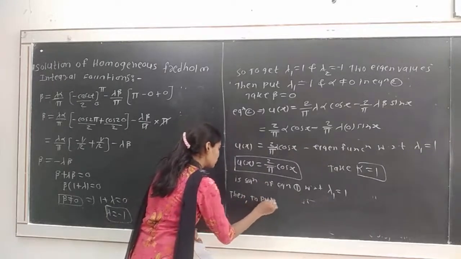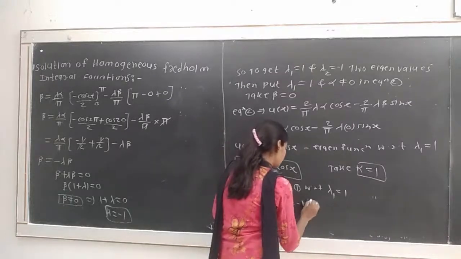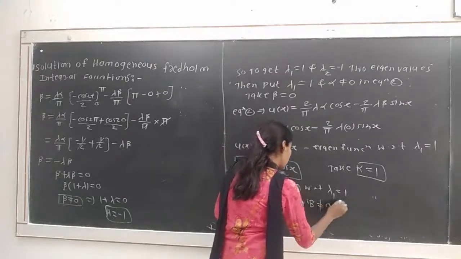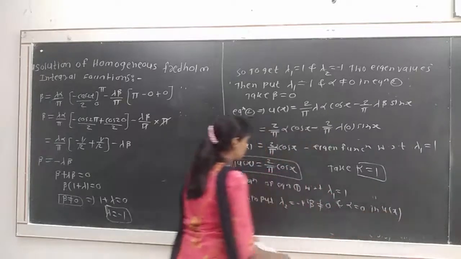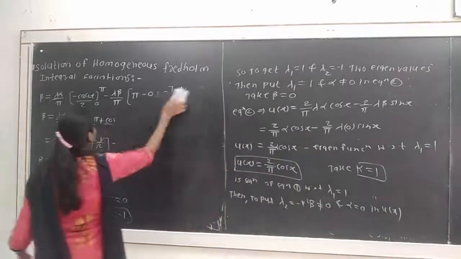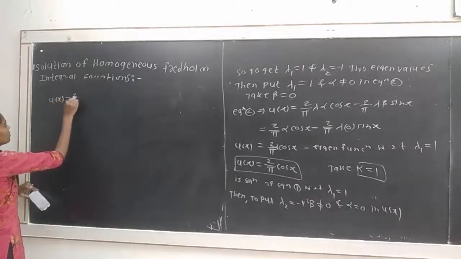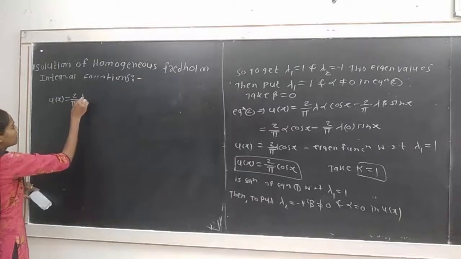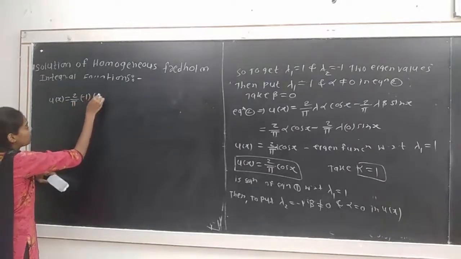Next put lambda 2 is equal to minus 1, beta not equal to 0 and alpha equal to 0 in u of x. To get u of x is equal to 2 by pi lambda, where lambda will be minus 1, alpha will be 0.